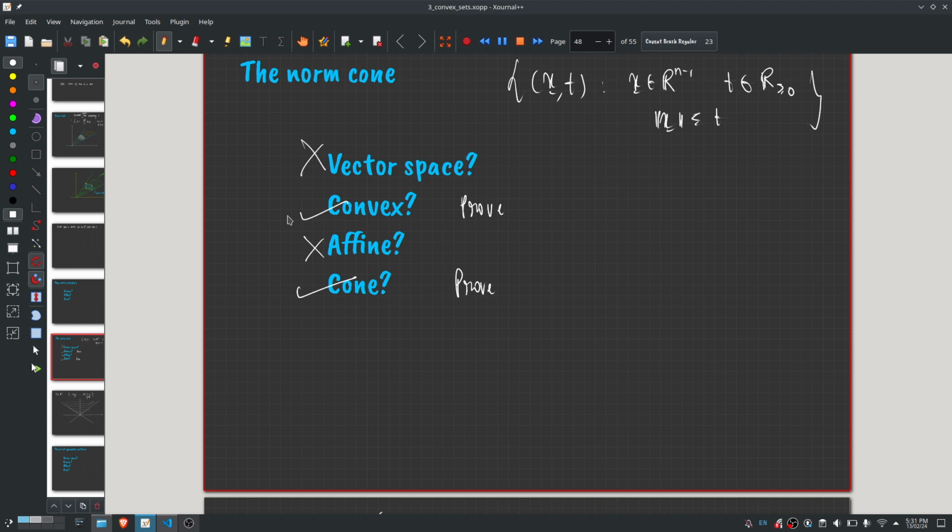Will minus (x, t) lie inside the cone? t always has to be greater than or equal to 0, so the additive inverse, for example, is not present. And that's also the reason why it's not affine. Any other questions? Okay, so let's stop here.